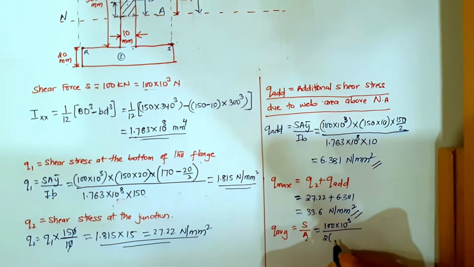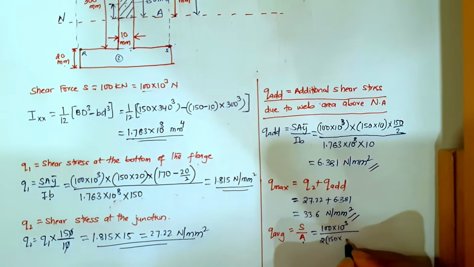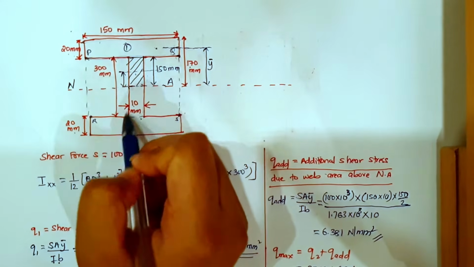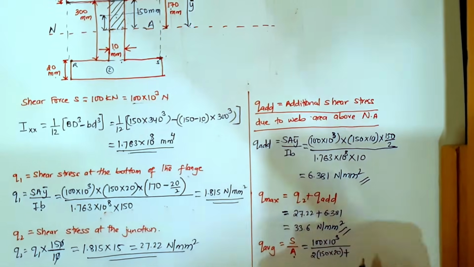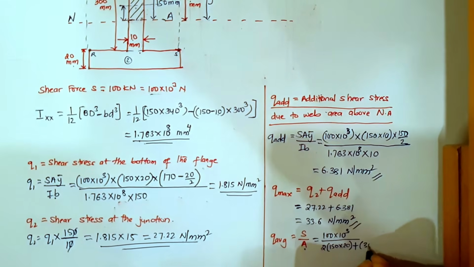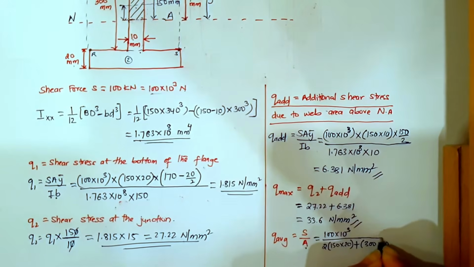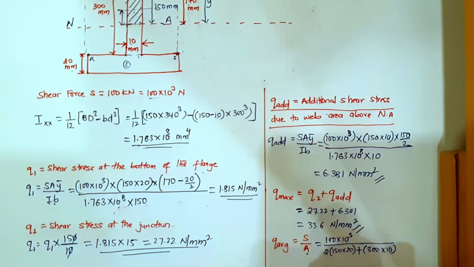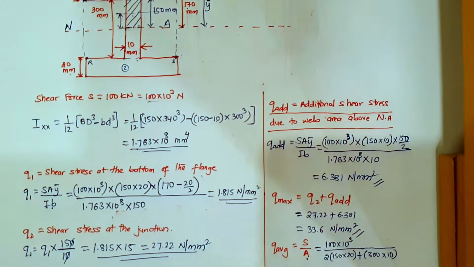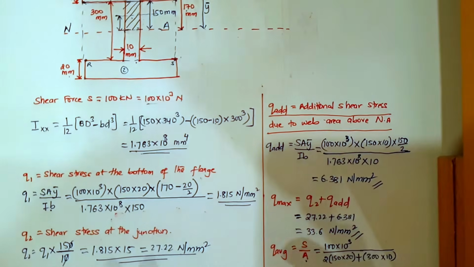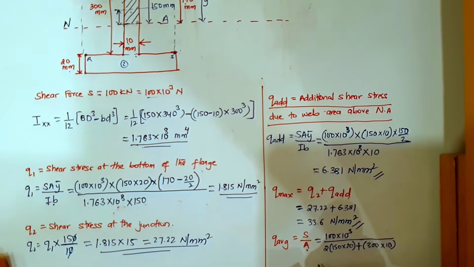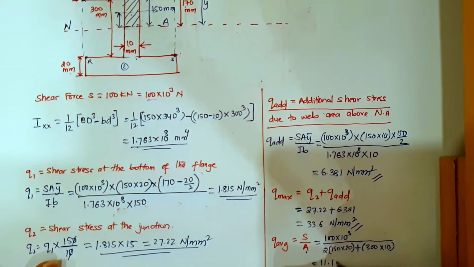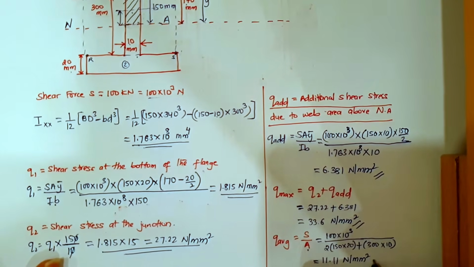2 into area is 150 into 20, plus now only the area of the web needs to be taken. What will be the area of the web? 300 into 10. So the area of the web will be 300 into 10. The area will be this much. Okay, if not, and you use the hollow rectangular section formula to find the area, it will also be fine. So from here Q average will come equal to 11.11 Newton per mm square.